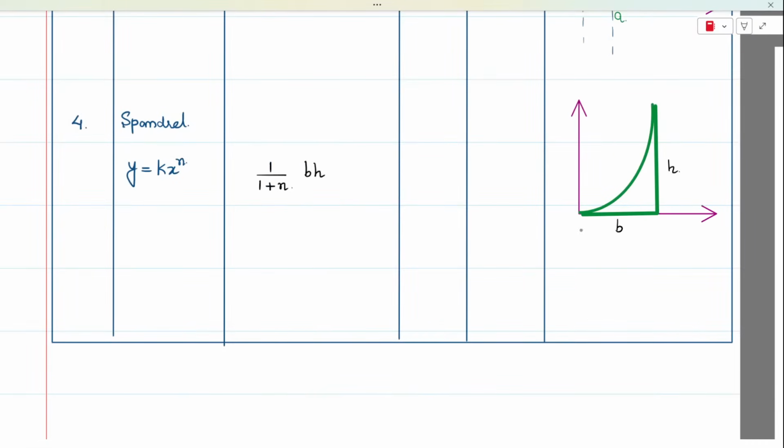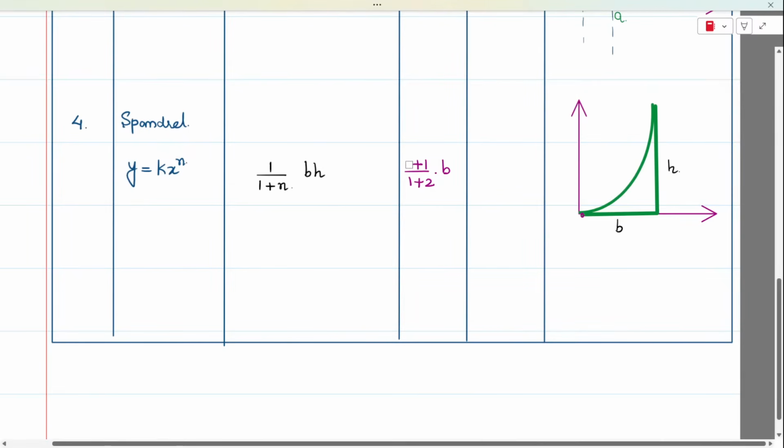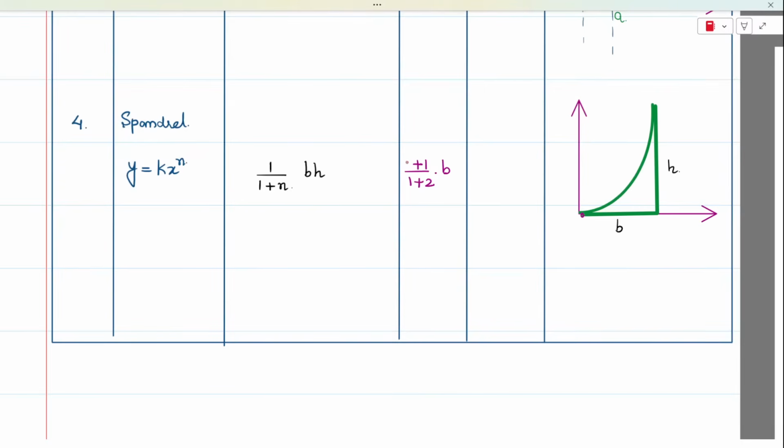The x coordinate, this is similar to the apex of the triangle, but it is not exactly the triangle. So we have written that as 2/3 of base. 2 can be written as 1 plus 1 by 1 plus 2 into base. Now 1 will be replaced with n. It becomes n plus 1 by n plus 2 into base. This is how the change would be reflected.